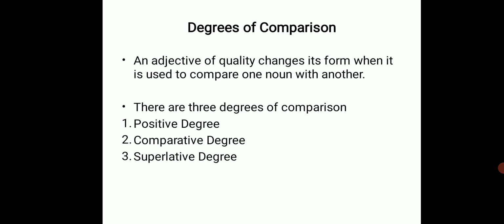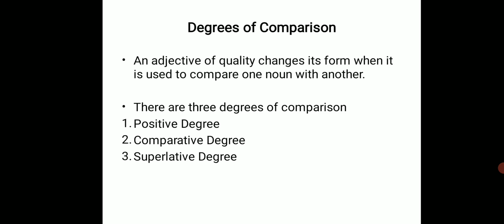Fine. Now to talk about degrees of comparison, there are three degrees of comparison. The first one, positive degree, where there is no comparison between objects or persons. Comparative degree, yes, as the word itself suggests, there is comparison.